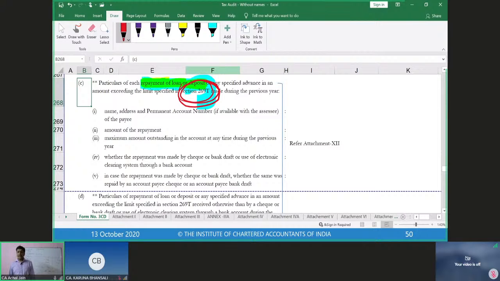Maximum amount outstanding, similar to what we saw in case of 31A. Whether the repayment was made by check, bank draft, or use of electronic clearing system. In case it was check or bank draft, whether those were account payee or not.